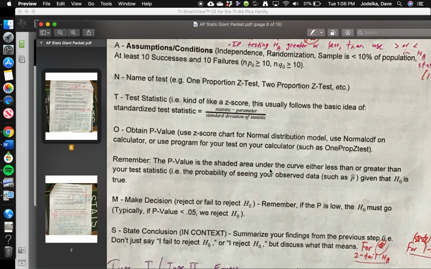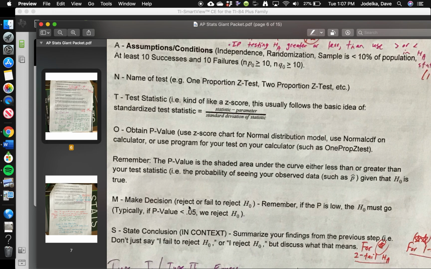It's the shaded area under the curve less than or greater than your test statistic, depending on what you're looking for. So the p-value is almost like the area under the curve between a critical value and the rest of your curve, and we'll see that in just a second.